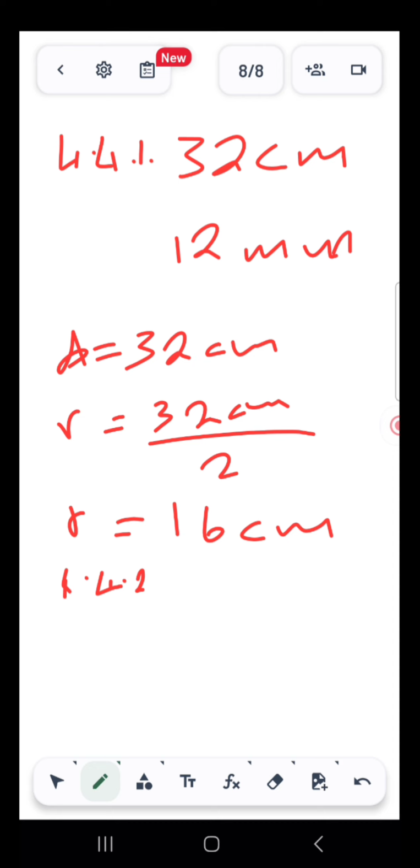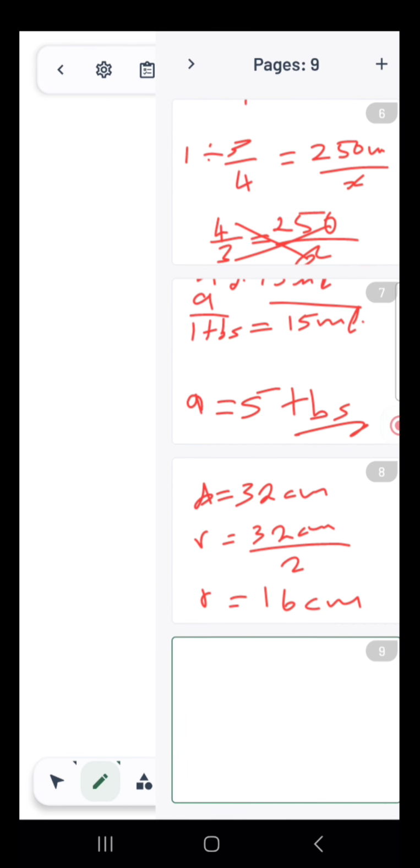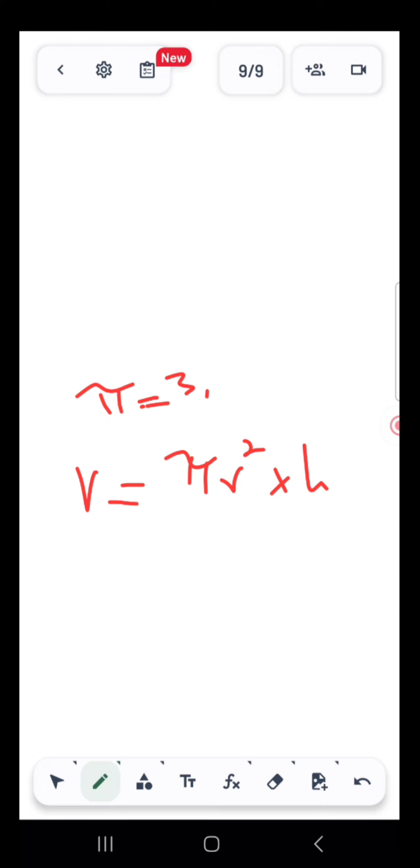When you look at the formula for the volume, in the next page, it says it's equals to pi times r squared times height. Then they give us the value of pi. They say pi is equals to 3,142, right?